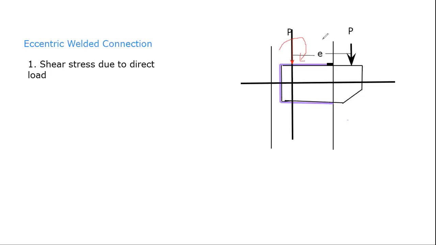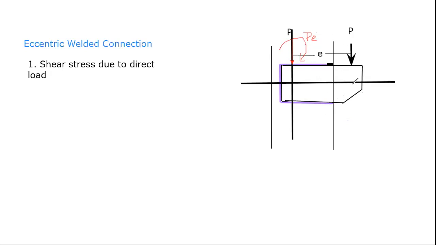Now what is the value of this bending moment going to be? It is going to be nothing but P into E. So what we are doing here is taking an equivalent loading arrangement for this type of eccentrically loaded connection.